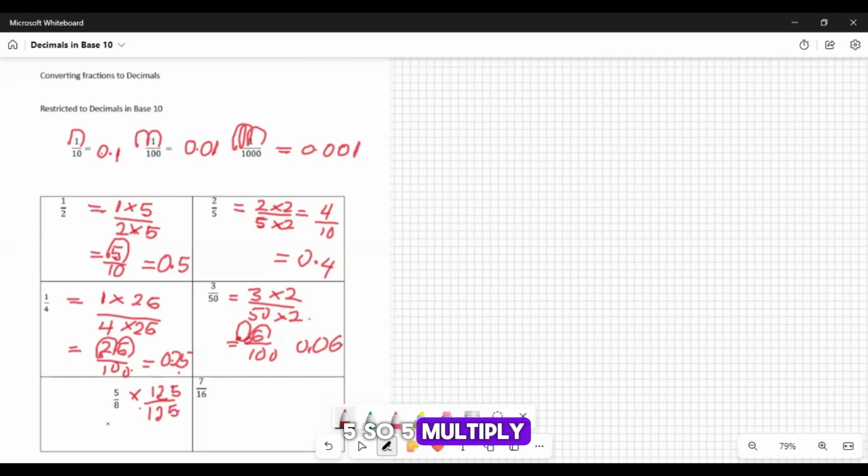So 5 multiplied by 125 is 625. So this will give us 625 over 8 multiplied by 125, which is 1,000. So it means that if it is 1,000, we are moving 3 times. 1, 2, 3. Then we put our point here. So it's going to give us 0.625.